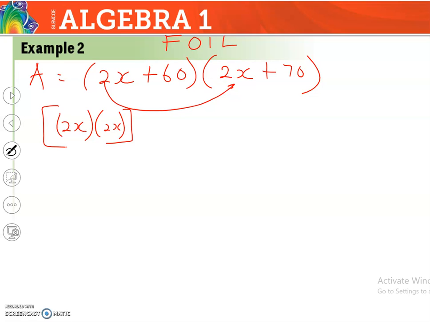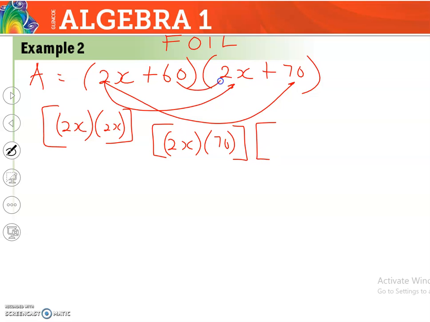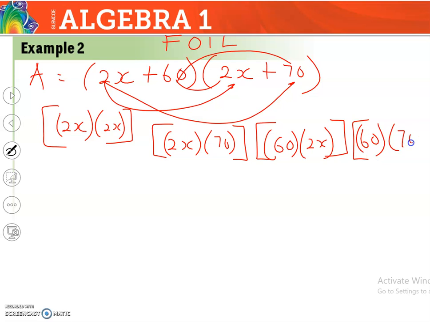O are the outer, which is 2x and 70, so 2x multiplying 70. Then I, the inner, becomes 60 multiplying 2x, and the L, the last, is 60 multiplying 70.